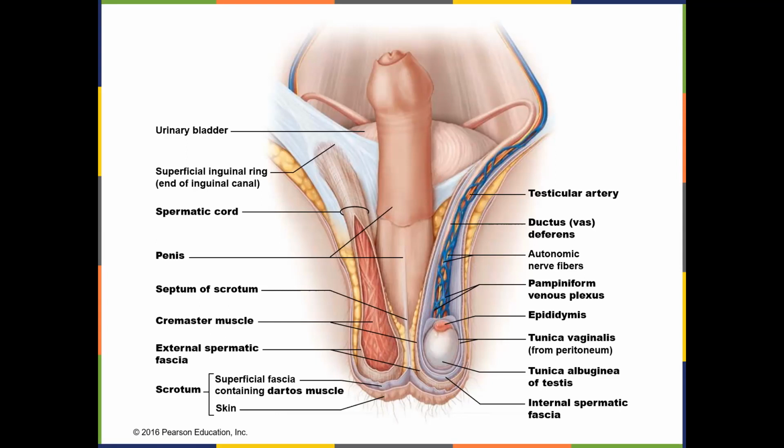if the male increases the inner abdominal pressure sufficiently. If pressure goes up in the inner abdominal cavity, it can weaken or even tear the opening into the inguinal canal.